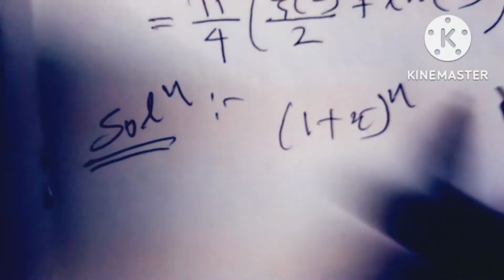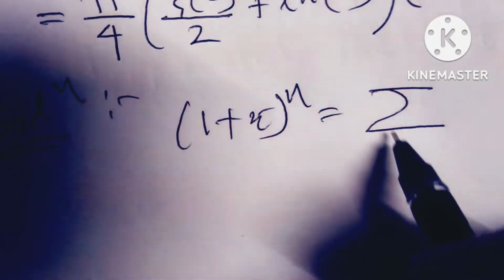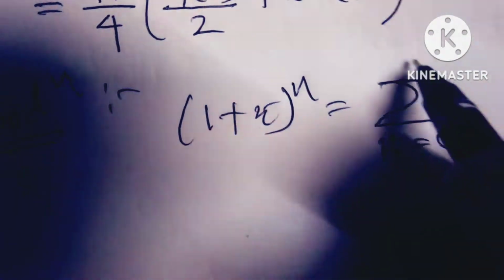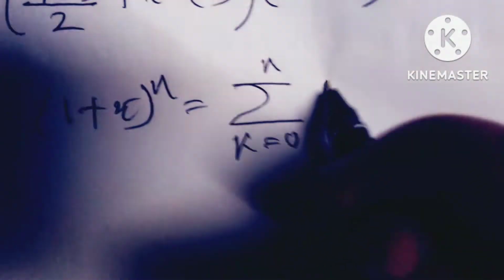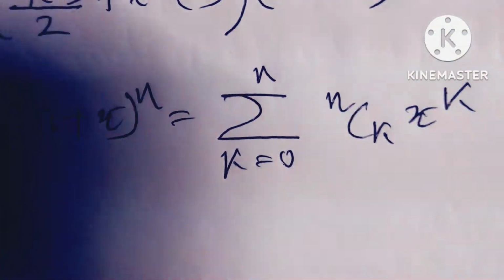(1 plus x) to the power n equals summation k equals 0 to n C(n,k) x to the power k.